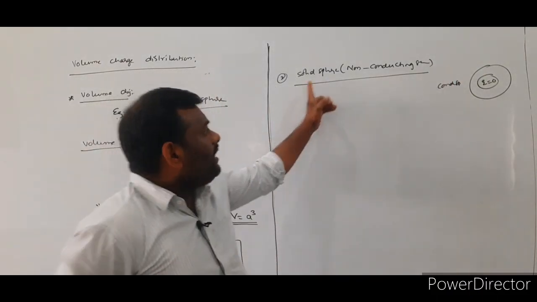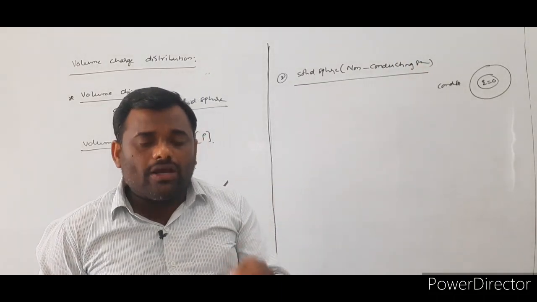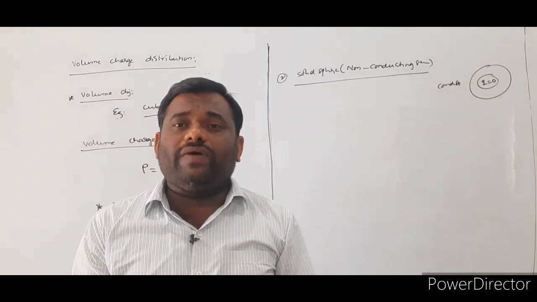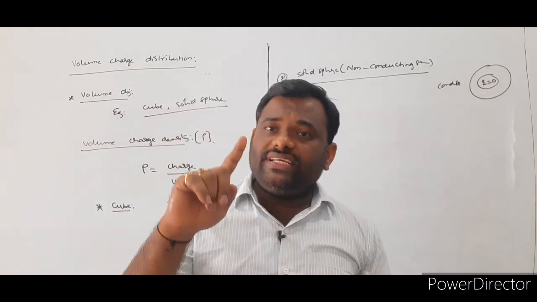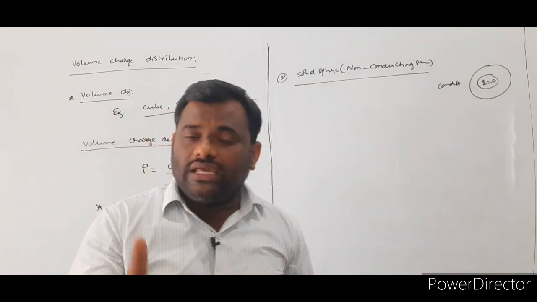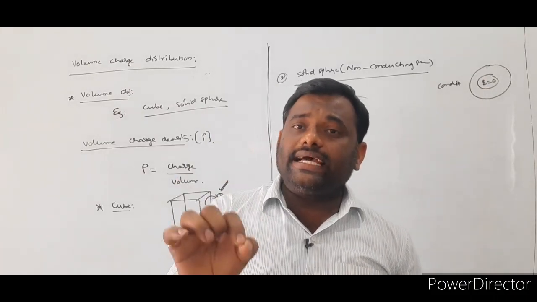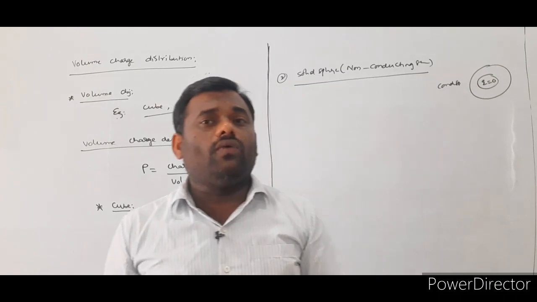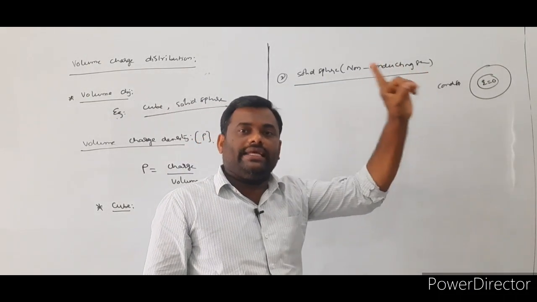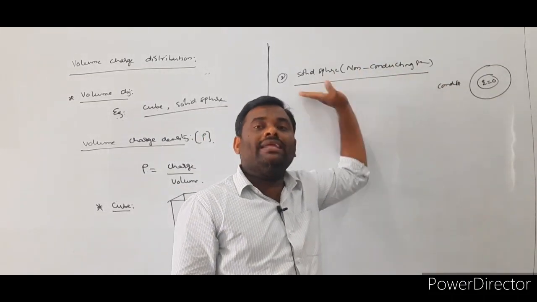Now, coming to the non-conducting sphere. A sphere is called non-conducting when whatever charge we provide to it is uniformly distributed in its entire volume. Only one is the difference between the conducting sphere and non-conducting sphere.